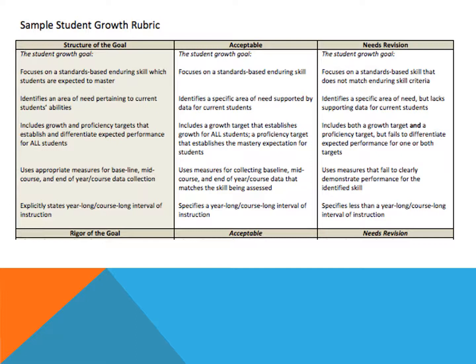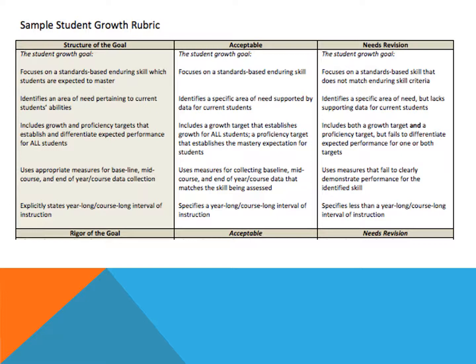Both KDE and JCPS have developed rubrics to help you with your student growth goals. And again, they are available both on KDE's website, and we will provide you this rubric. But it asks you to examine first the structure of the goal and gives you criteria to determine if it is acceptable or if it needs revision.